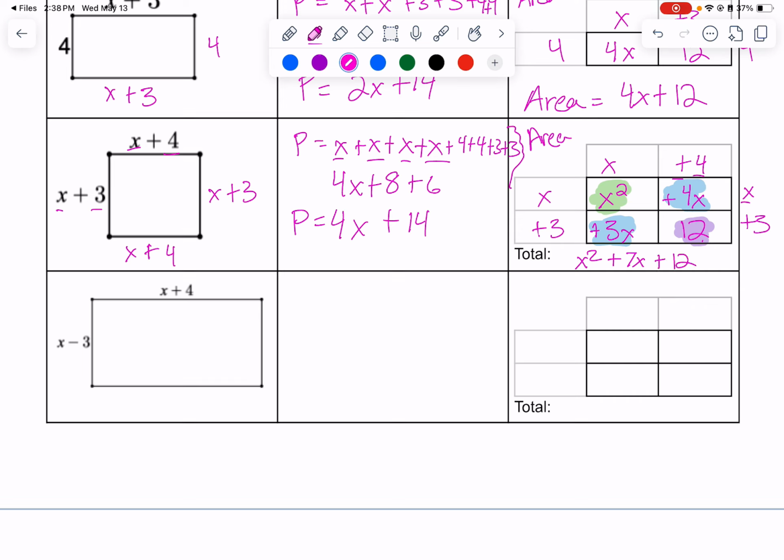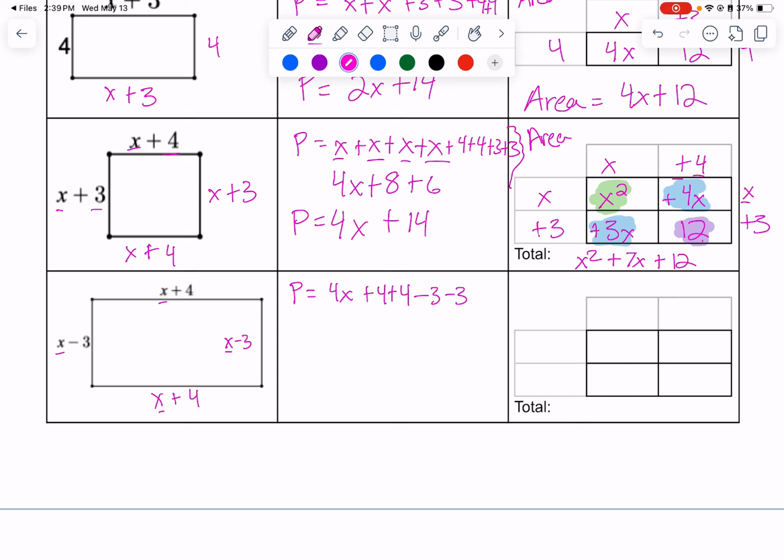All right, let's do a very similar thing with this last one, except that I have some negative signs in here. So for my perimeter, it looks like I have 1, 2, 3, 4 x's. So I'm just going to put 4x. But then I have 2 plus 4's and 2 minus 3's.